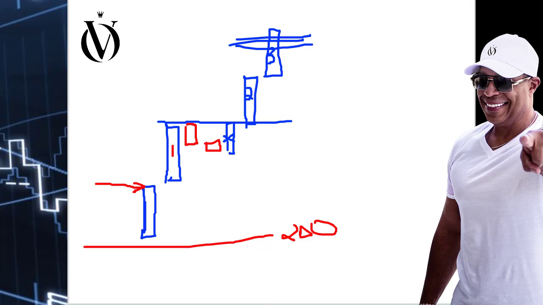Now, if you buy two lots there, on your third push, what do you have the right to do, to sell how much of it?